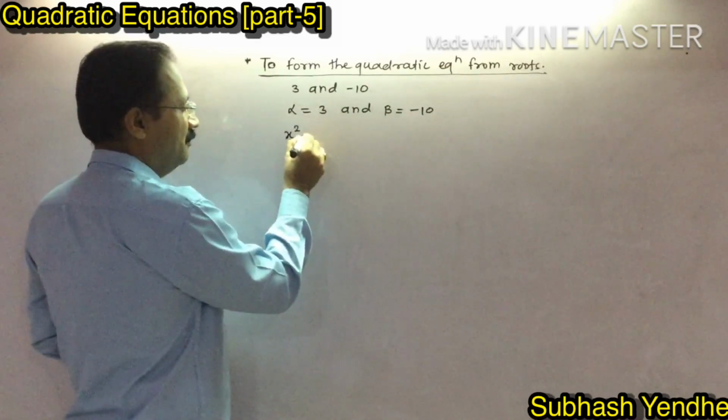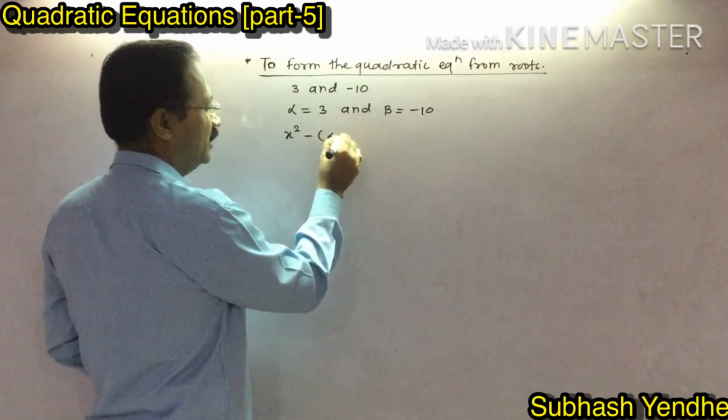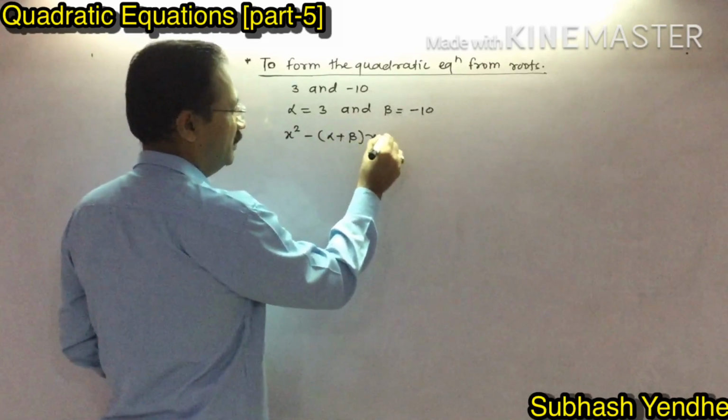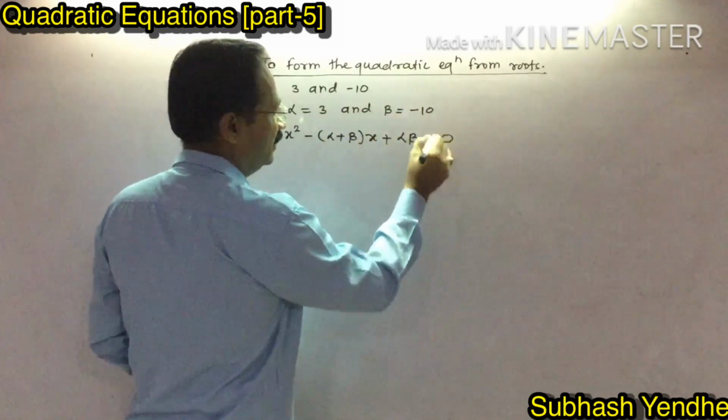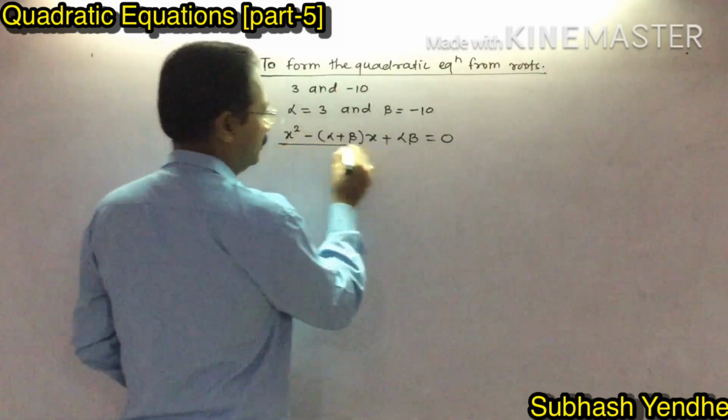So which is the quadratic equation? x square minus (alpha plus beta) x plus alpha beta equals 0. This you have to remember.